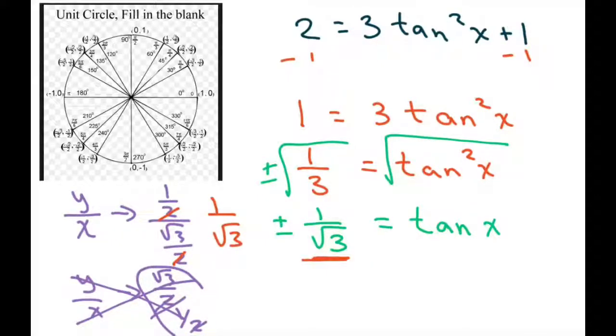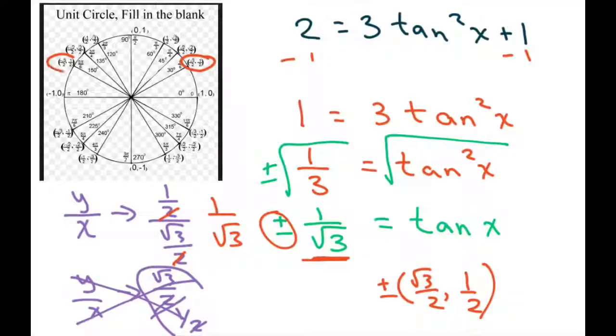So basically we have the plus and minus, but we want our y to be 1/2 and our x to be square root of 3 over 2. And then it could be plus or minus here. Let's just find where x is square root of 3 over 2. So that's going to be it.